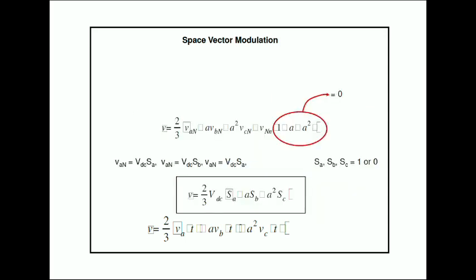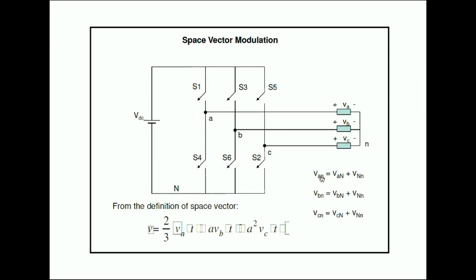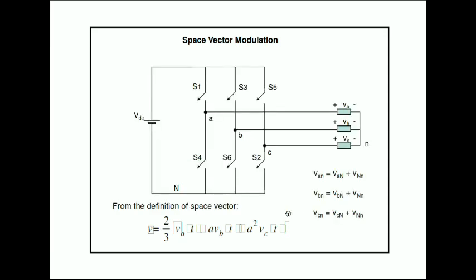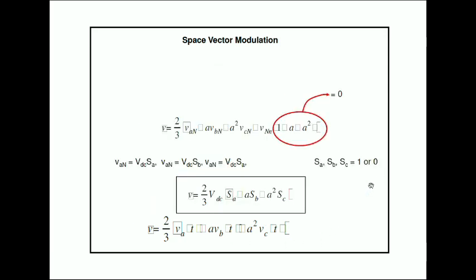Now I am going to apply these voltages to the equation. We get V is equal to 2 by 3 into VAN plus A VBN plus A square VCN plus VNN into 1 plus A plus A square.